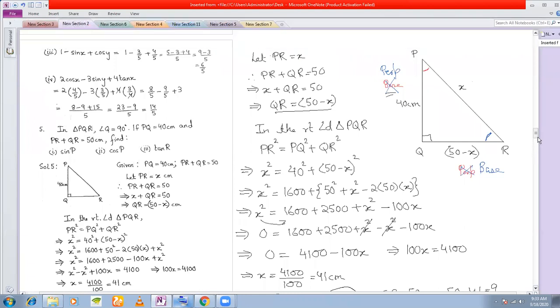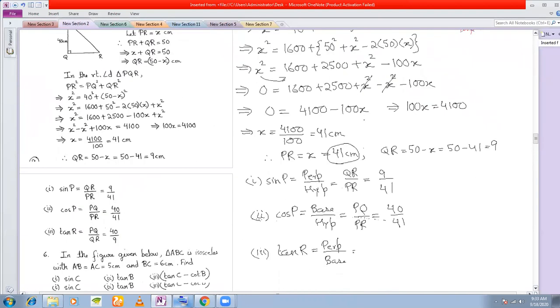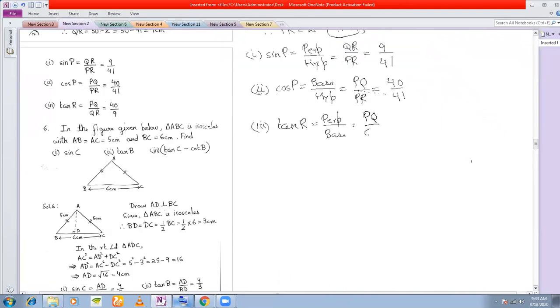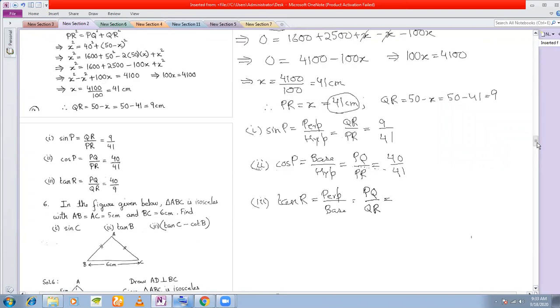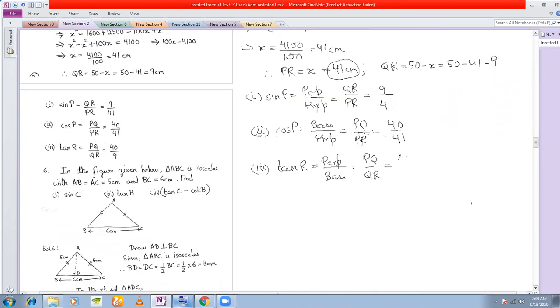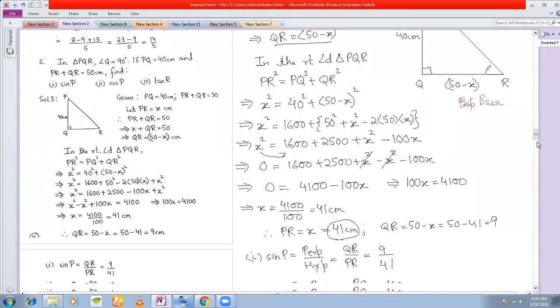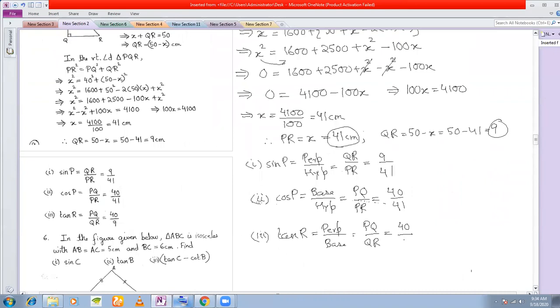So tan R is PQ by QR. The length of PQ is 40 centimeters, and the length of QR we have found is 9 centimeters. So tan R is 40 by 9. Okay, any questions till this part?